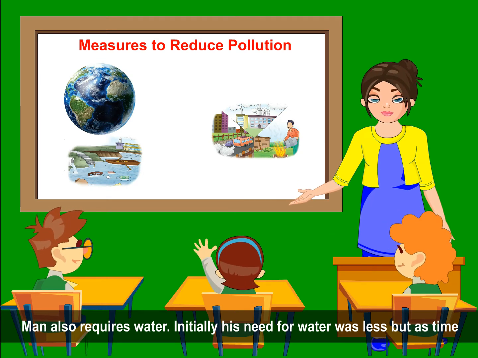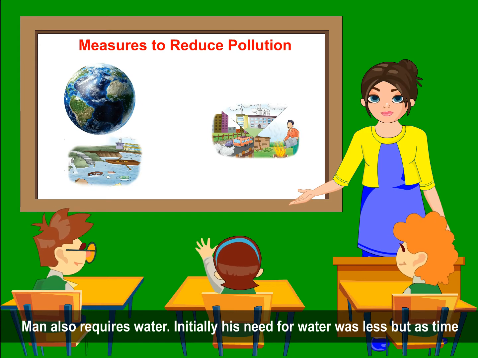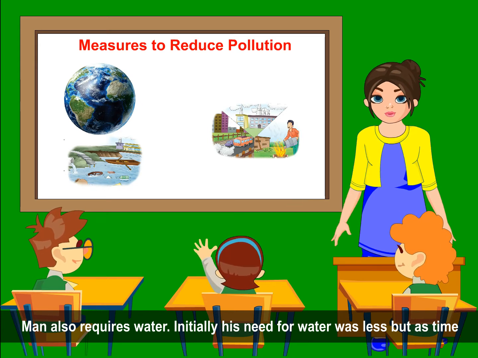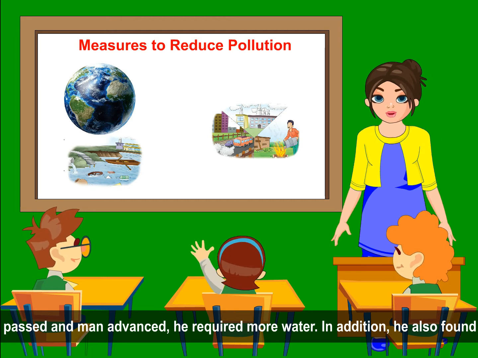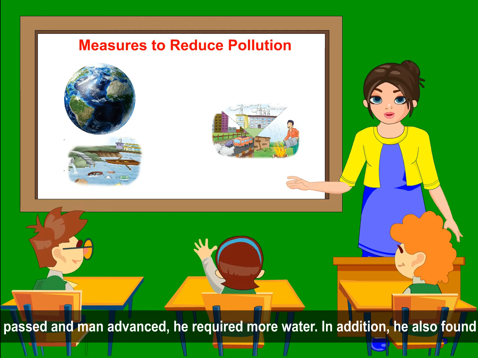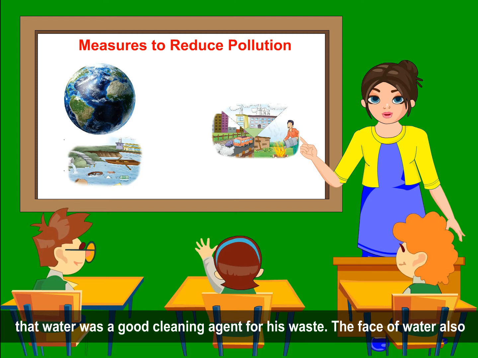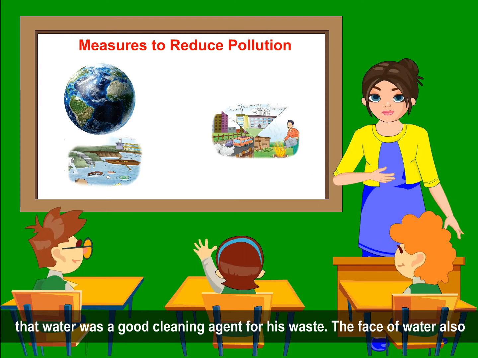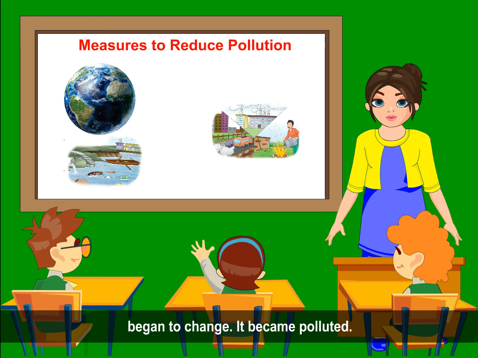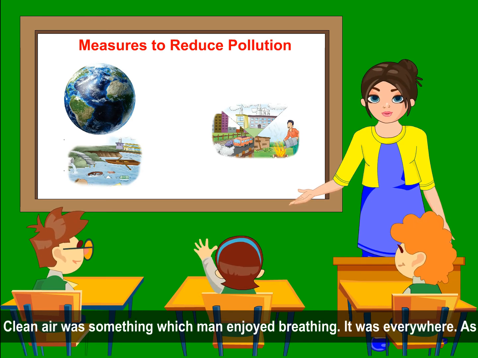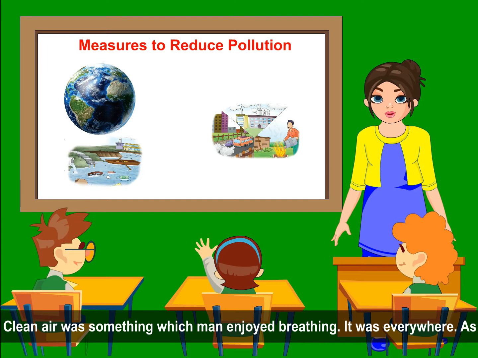Man also requires water. Initially his need for water was less, but as time passed and man advanced, he required more water. In addition, he also found that water was a good cleaning agent for his waste. The face of water also began to change. It became polluted. Clean air was something which man enjoyed breathing. It was everywhere.